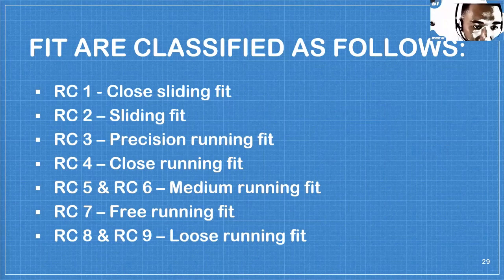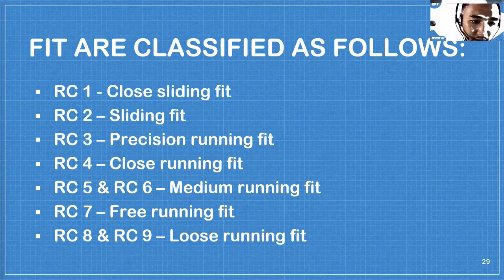Pagdating naman sa RC3, precision running fit, ito yung napipihit na ng kaunti pero in a low speed lang and a light load. Sa RC4, close running fit, ito ay para sa mga may minimum play, moderate speed, and temperature rise.